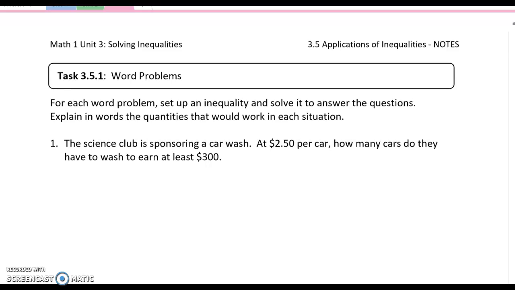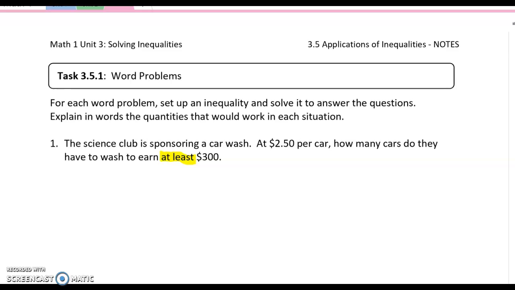Here we have the Science Club is sponsoring a car wash at $2.50 per car. We want to know how many cars they have to wash to earn at least $300. This problem is an inequality problem because we see wording that is associated with an inequality, and that word phrase is "at least."